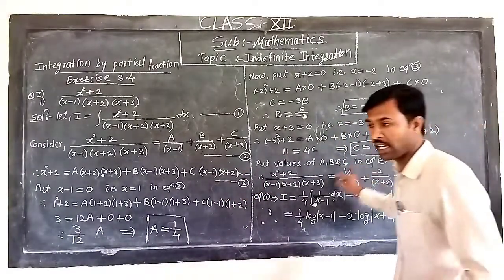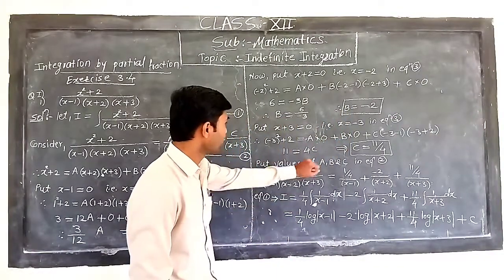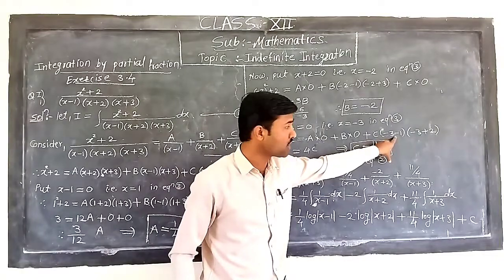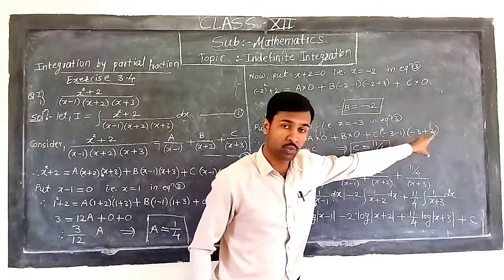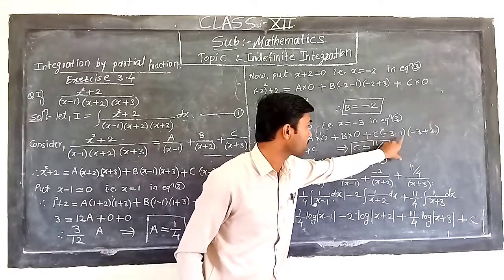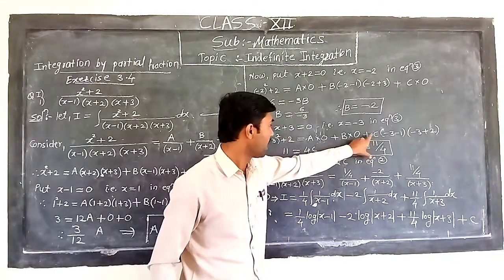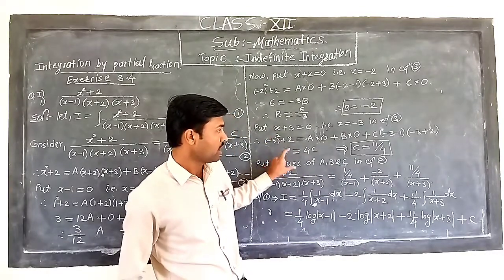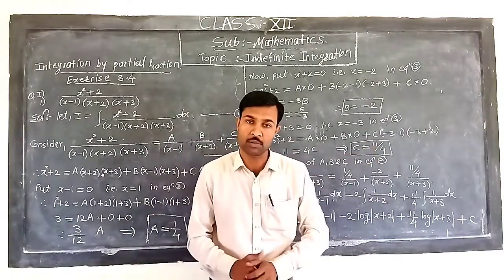Okay friends, after solving this we get this one is 0, this one is also 0, minus 3 minus 1 is minus 4 into minus 3 plus 2 is minus 1, minus 4 into minus 1 is plus 4, so plus 4c, and minus 3 square plus 2 is 11, hence c is equals to 11 upon 4.